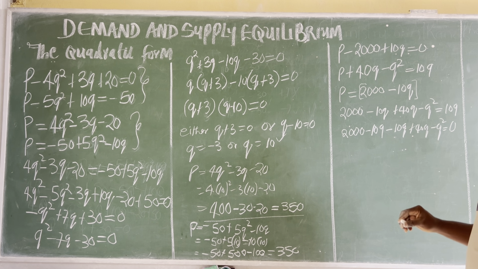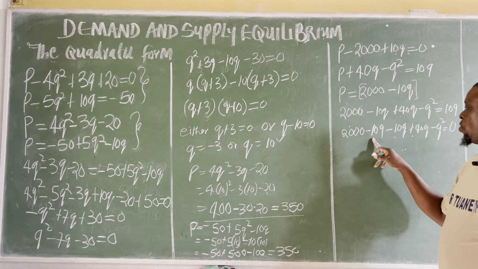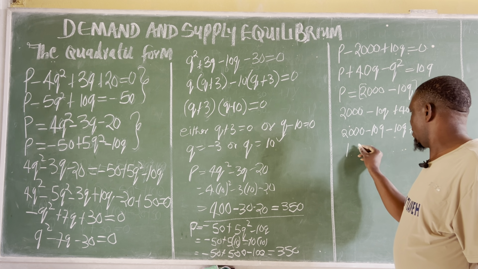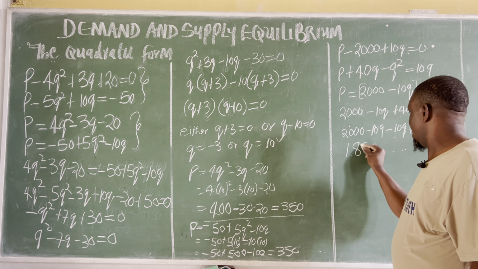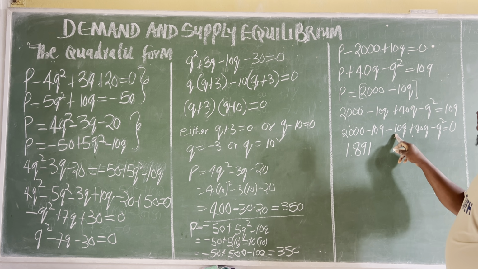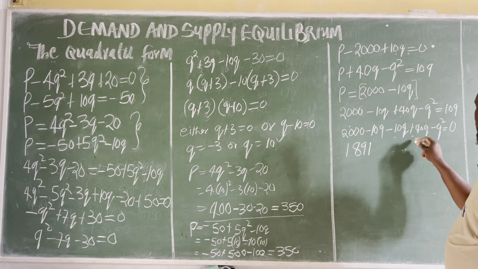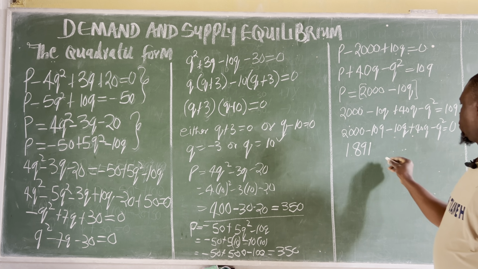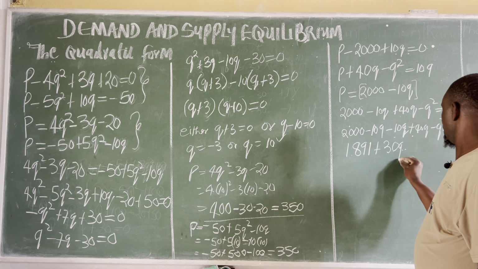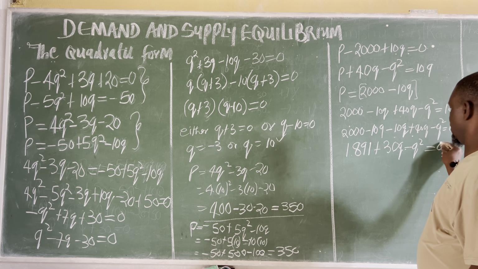If we subtract 2000 minus 109, that will give us 1891. Okay? And then minus 10q plus 40q will be plus 30q. Minus q square will be equal to 0.